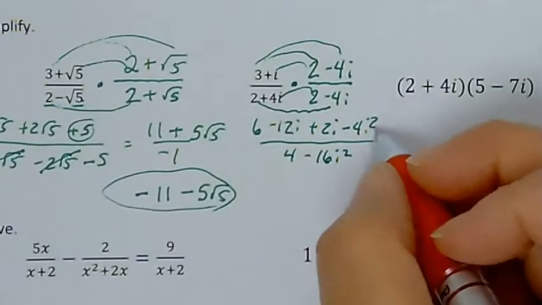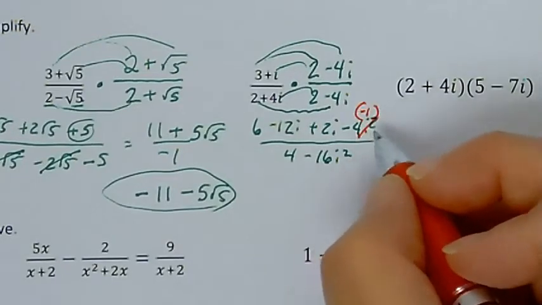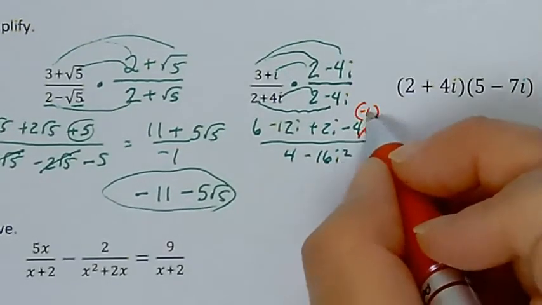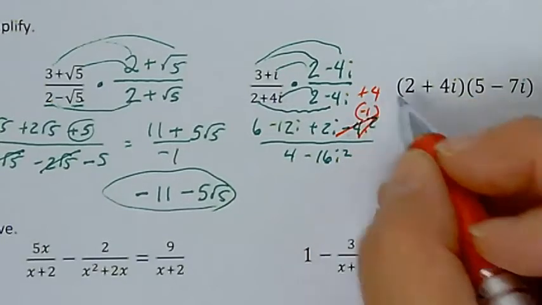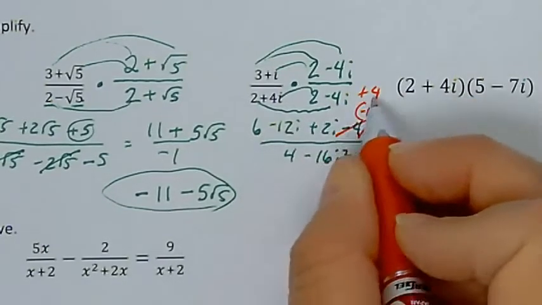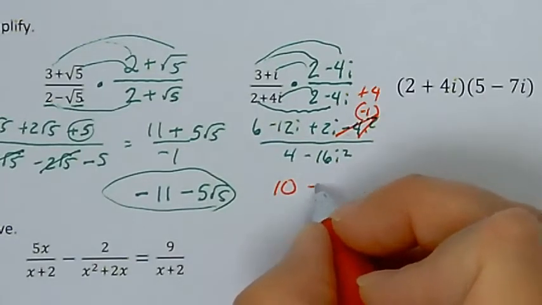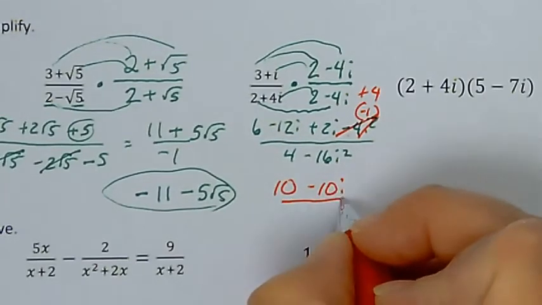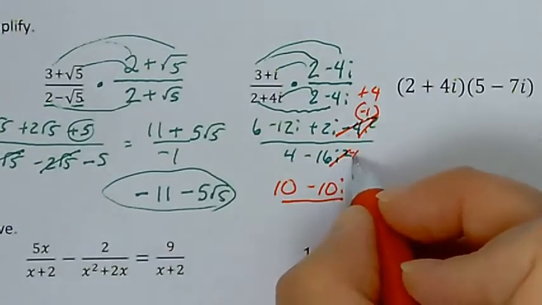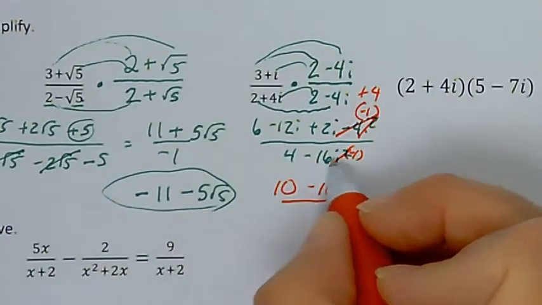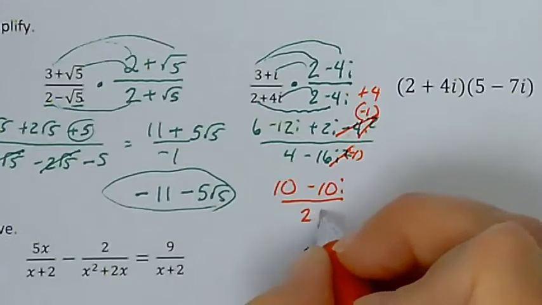As a reminder, i squared is the same thing as negative 1, so really it just changes the sign of this last number to be positive 4. So on the top I have 6 and positive 4, which is 10. And then here I have minus 10i over, this turns to negative 1, which turns this into plus 16, so it would be a 20.